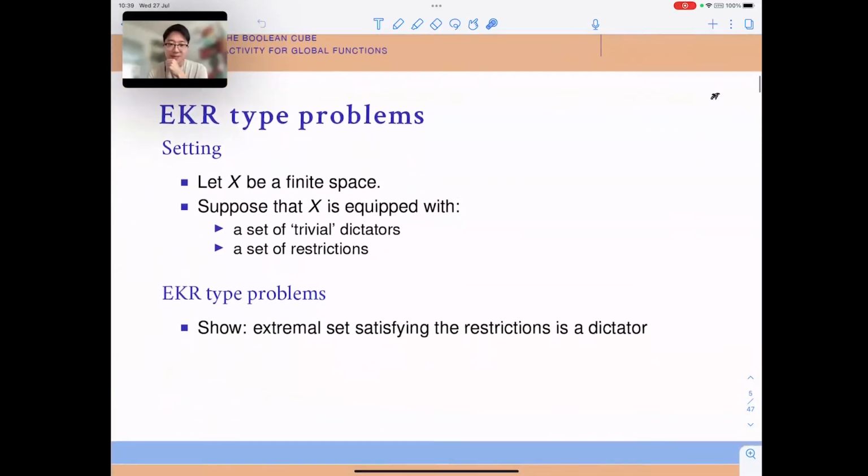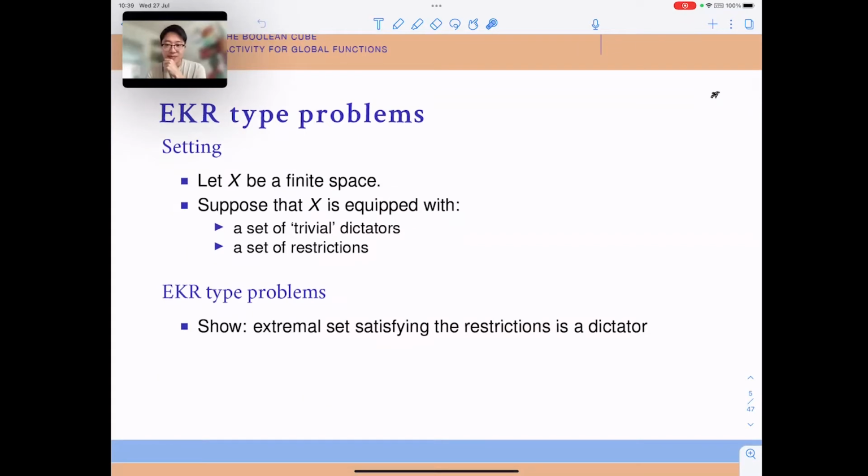This theorem started a whole field of Erdős-Corrado type problems, where we are given an extremal problem in some set X, and we have some candidates of extremal examples. We have some dictators, and we want to show that the extremal set that satisfies the restriction is a dictator.